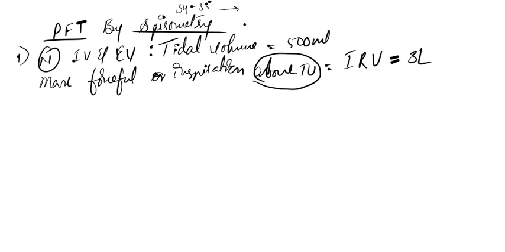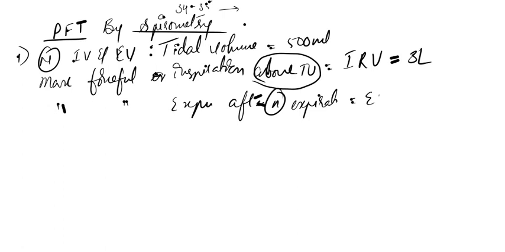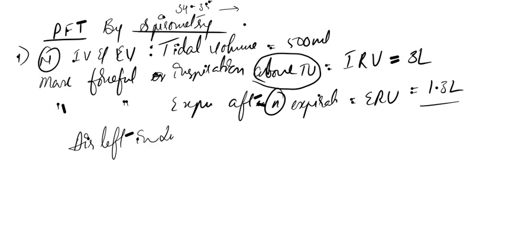Now maximum forceful expiration after normal expiration, that is expiratory reserve volume. How much? 1.3 liters. Now air left in the lungs after maximal forceful expiration, that is called residual volume, and it is 1.2 liters.